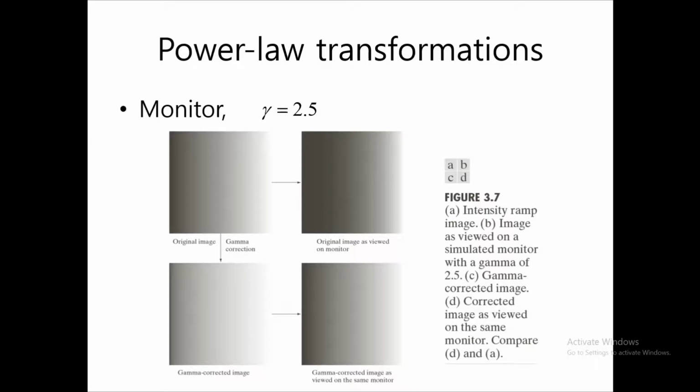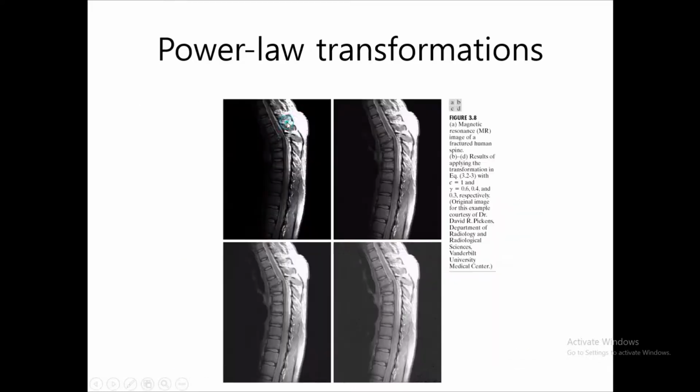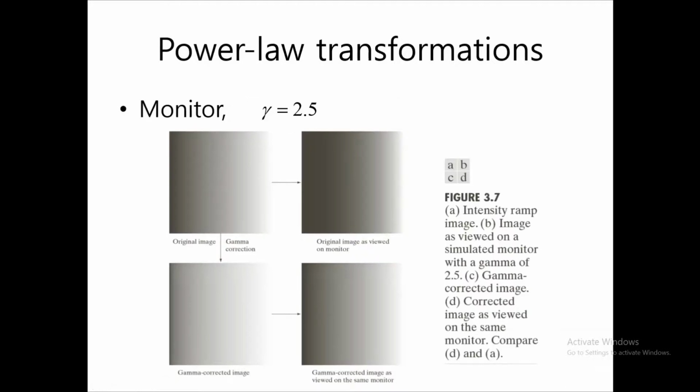However, if we perform the gamma correction, the power law transformation, and then display it on the same monitor, we see the same as the original image. This operation is used in most cases for display. For a monitor, we set the gamma value to 2.5, and this is what we call gamma correction.